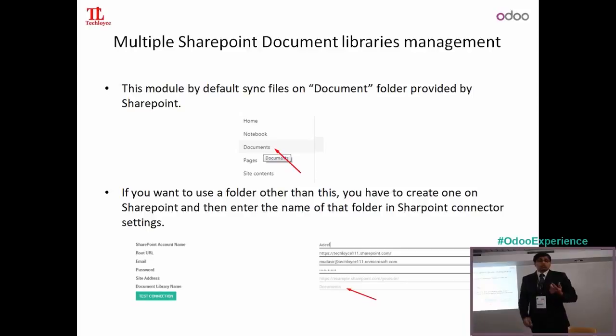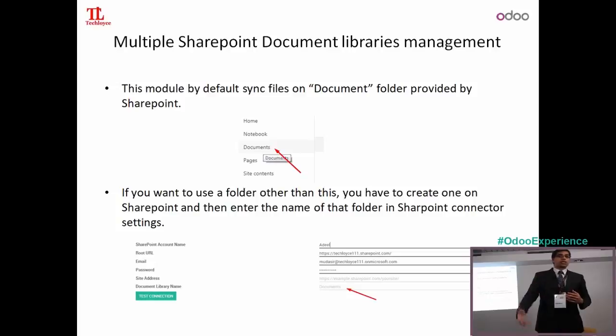There are two ways you can download the document from SharePoint. If you just want to have links in Odoo and you don't want to retrieve all the documents within Odoo, you just store the links, and then whenever you want, you can download the specific file from SharePoint onto Odoo.